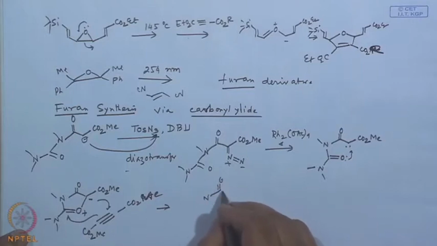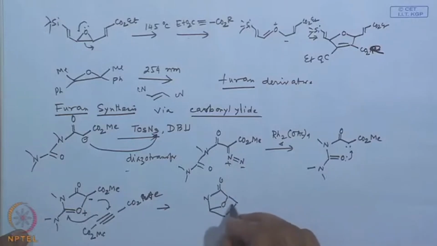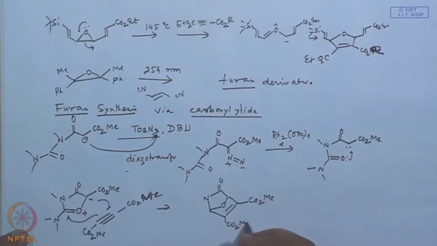So, carbonyl, then you have these 2 ester groups and ester groups here, and then you have this nitrogen and this nitrogen. Okay. So, it is a bicyclic compound.